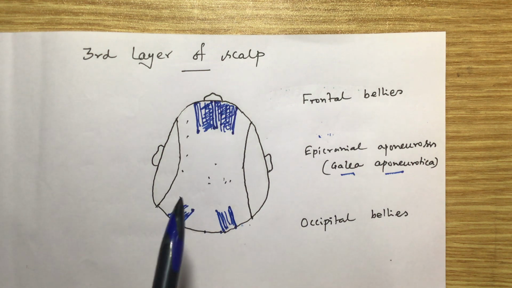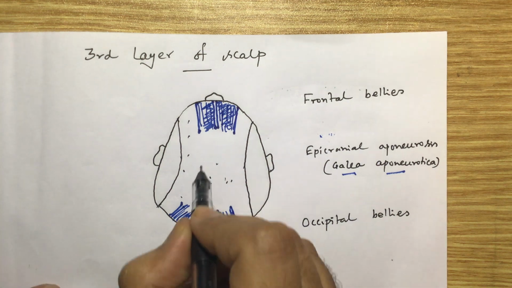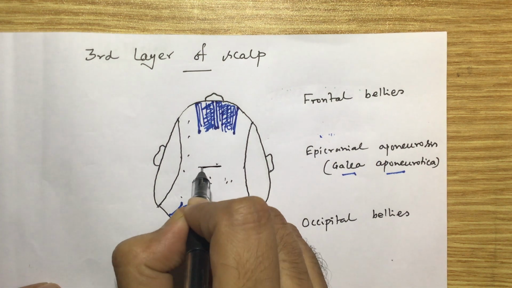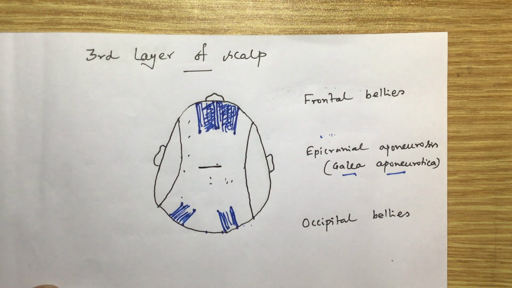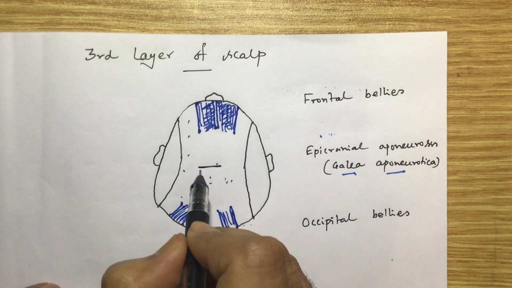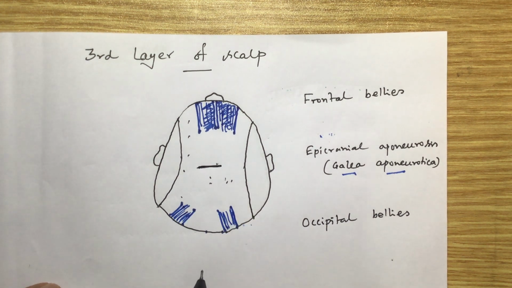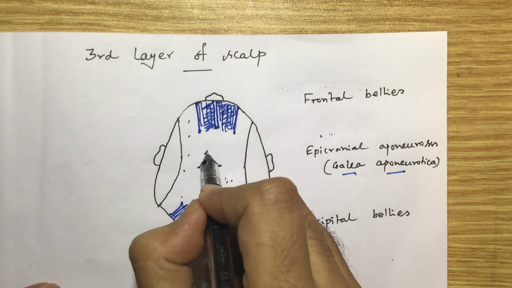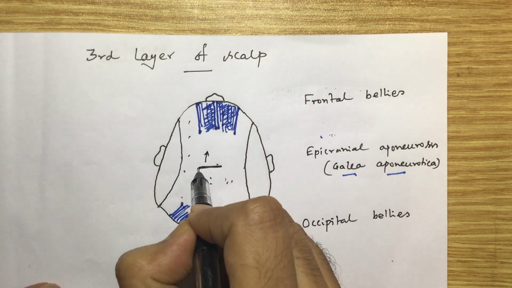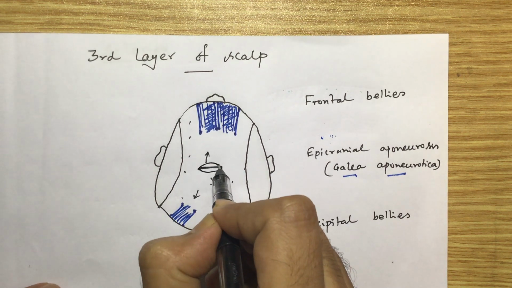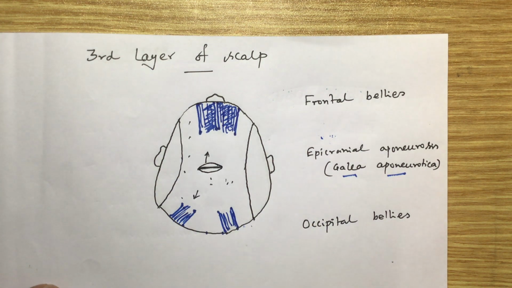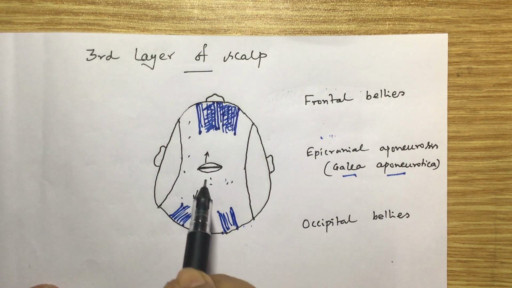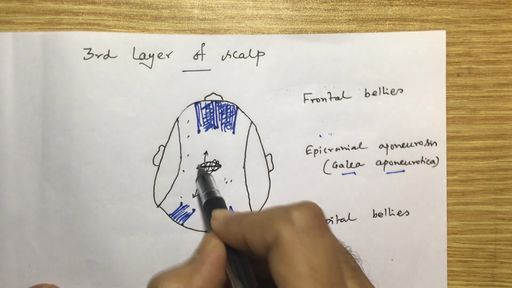A scalp wound never gapes unless there is a cut injury transversely in this epicranial aponeurosis. What happens if there is any transverse injury? Due to the pull of these two muscles, this goes apart, thereby creating a gap in the scalp. So that's why if there is a deep wound in the scalp, we have to repair it.